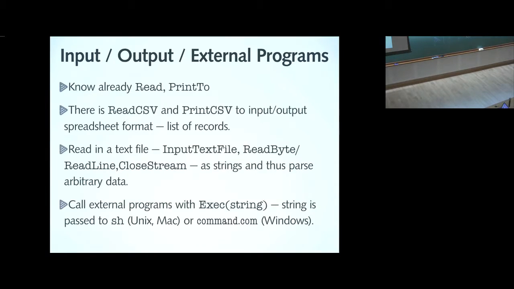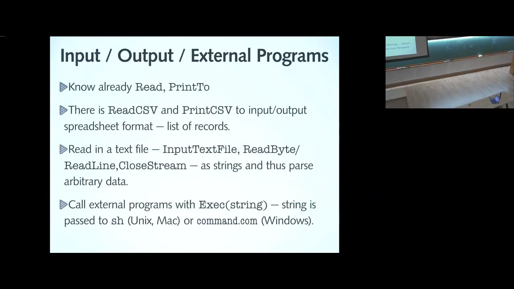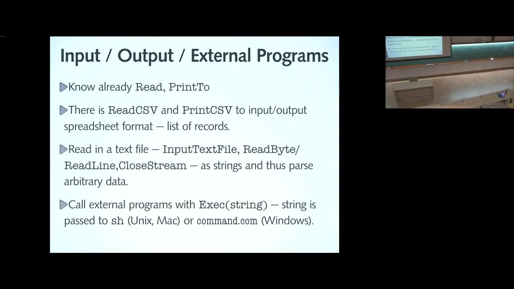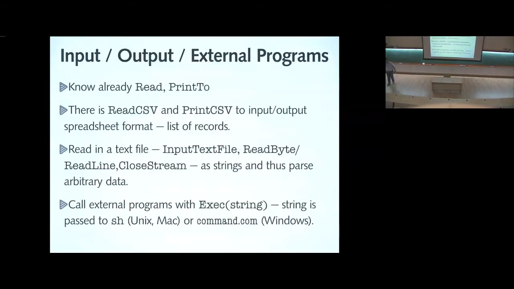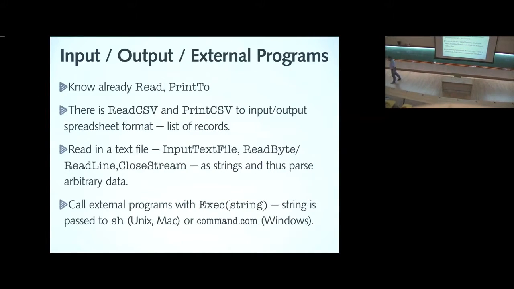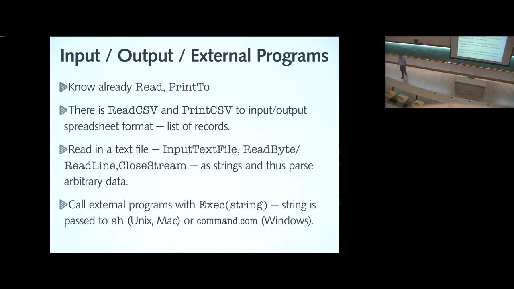So, we talked already in the first lecture about read to read in a GAP file and print to. What if you have other data you want to transfer in or out of GAP? If you have data in a spreadsheet format, there are functions ReadCSV and PrintCSV, which read or print spreadsheets in comma-separated variable format.